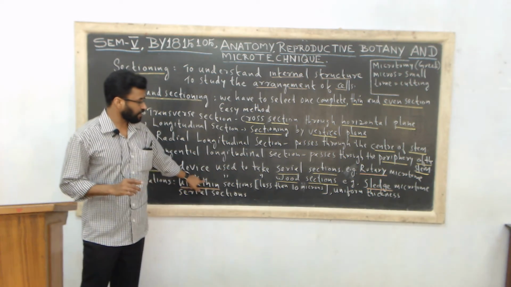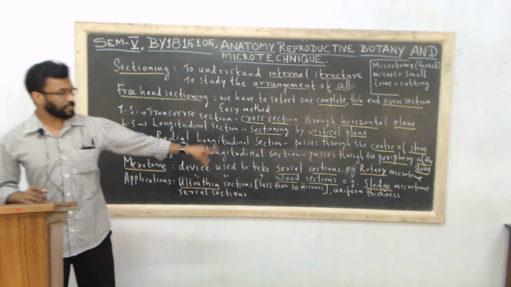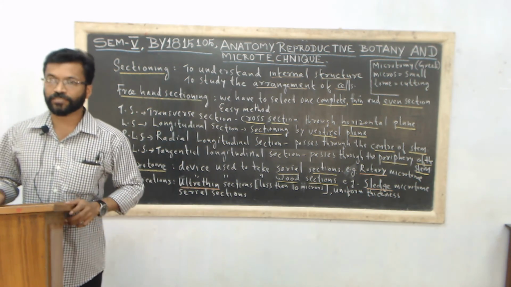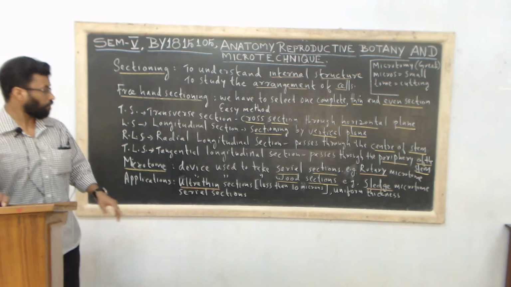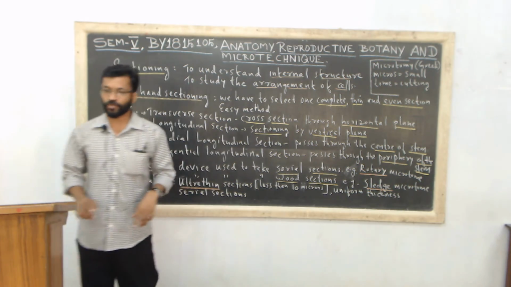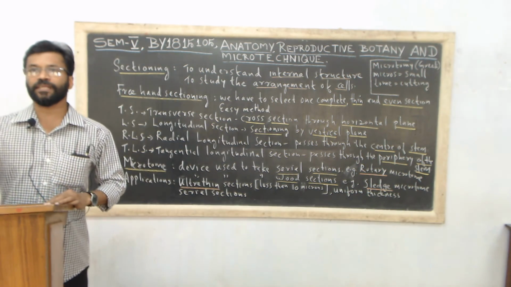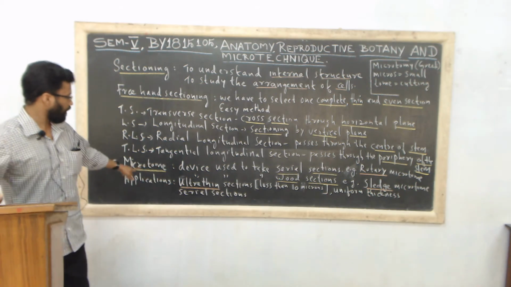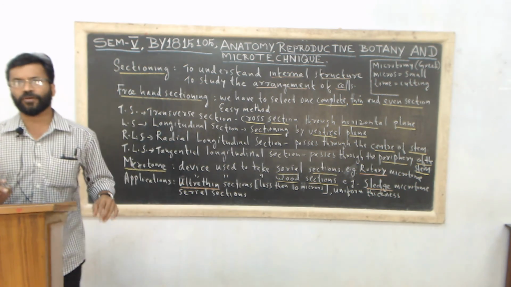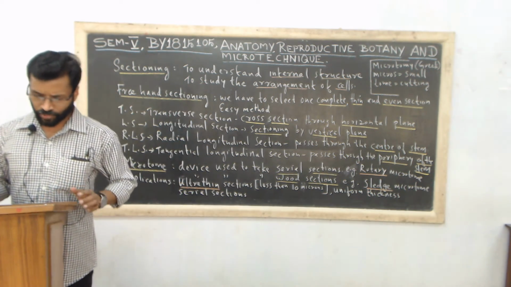Ultra thin sections, you can take ultra thin sections. Sections can be obtained in uniform thickness. Serial sections can be obtained by means of the rotary microtome, and extremely small material can be sectioned with the help of a microtome. These are the applications or advantages of microtomy.